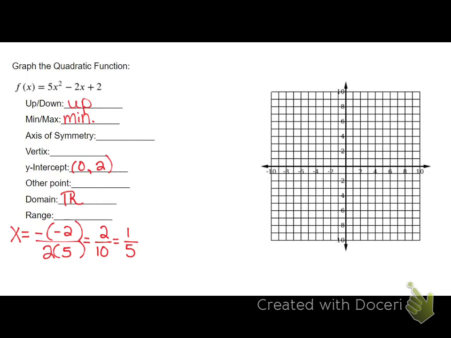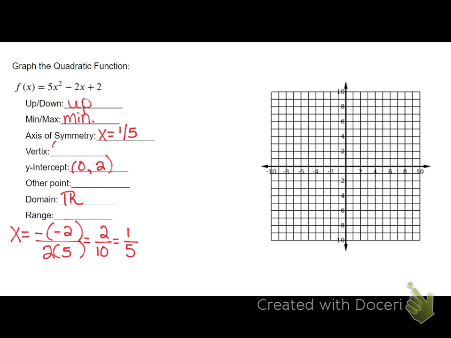Okay? You can't take 2 divided by 10, because that'll give you a decimal. You got to use your fraction button to get that there. Thank you, 2 divided by 10 is 0.2, you guys. So our axis of symmetry, x is going to equal 1/5.